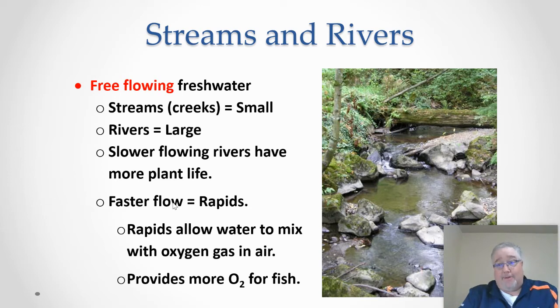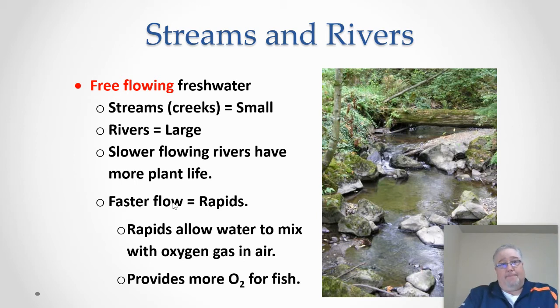There's more volume, as far as the amount of water goes. But typically it's just a size thing, and there really is no general rule that says how big it has to be to be a river or how small it has to be to be a stream. Streams typically flow into rivers, if that helps a little bit.